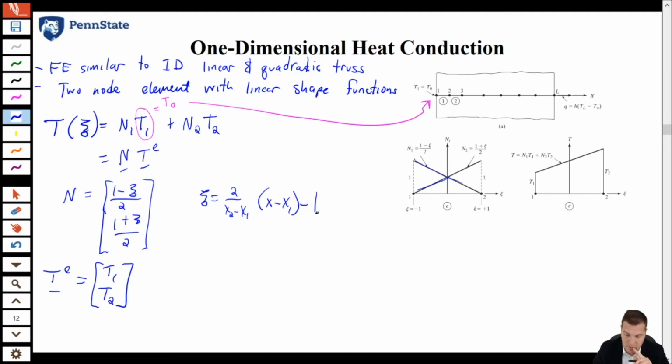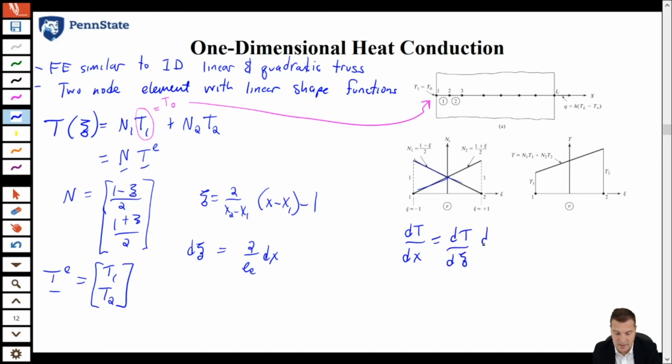And the resulting equations are very similar in the way we apply the chain rule. So of course we can get d psi, and that's going to be equal to 2 over LE dx. And also we have the derivative of temperature with respect to x is equal to dT d psi times d psi dx. Okay, this is again the chain rule.